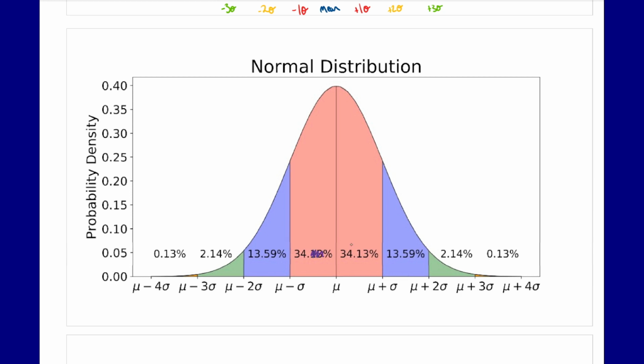So 34, 13.5, 2.35, and 1.5. This is a little bit easier. There might be a little fluctuation depending on how you want to consider it, but for the most part, it's relatively the 68 between 1, 95 between 2, 99.7 between 3.